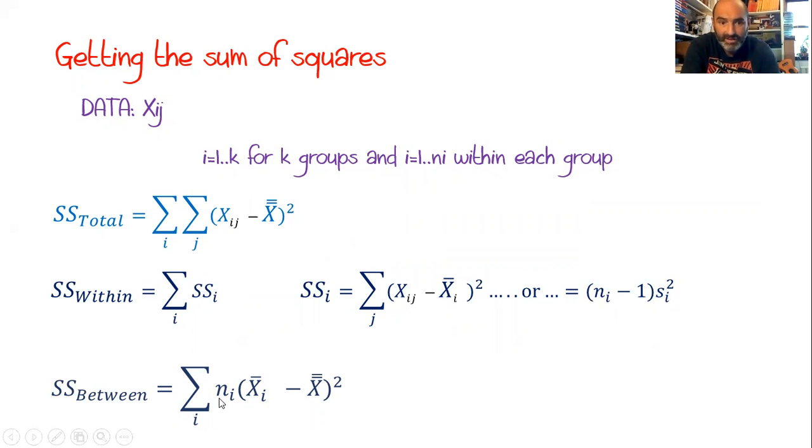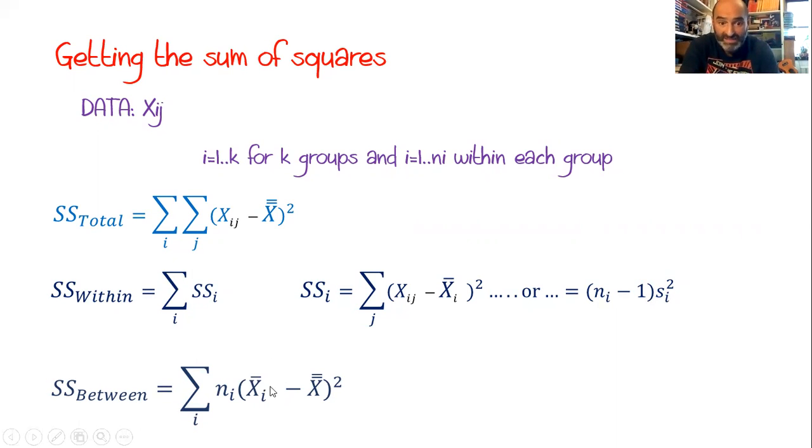So in the end, you have n1 plus n2 plus n3 plus nk points in your numerator. That means you have the aggregate data set. And each group in that data set is represented by its arithmetic mean, as many times as the number of points you have in that group. So that is between group variation.